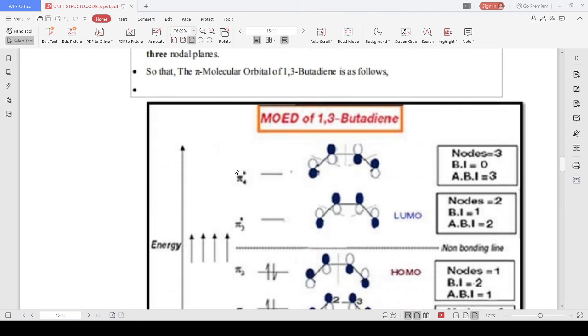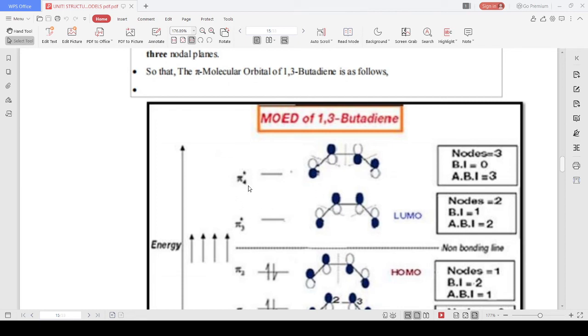This is the mode of 1,3-butadiene. The first one has 3 nodes: anti-bonding with 3 nodes, and bonding with 0 nodes. You can see in the figure these pi orbitals and pi electrons in opposite directions of orbitals by the pi bonding.